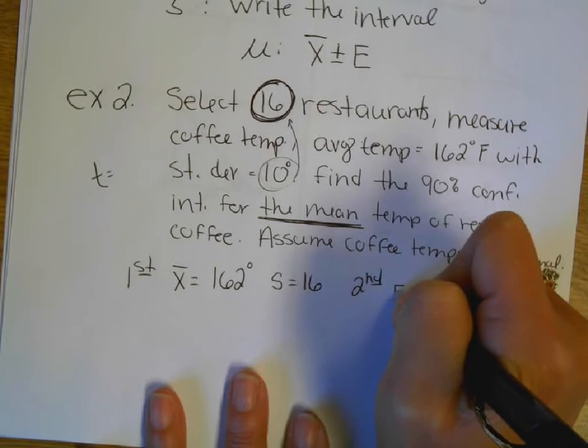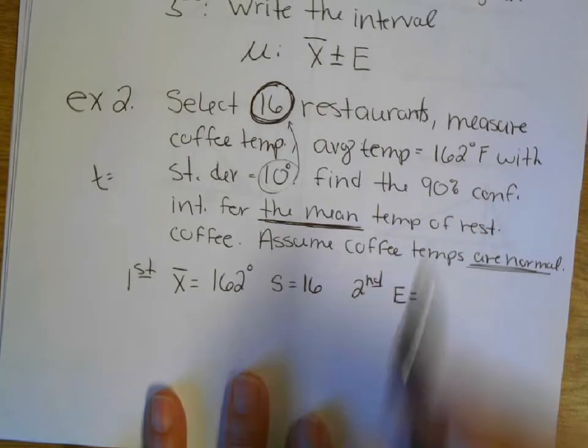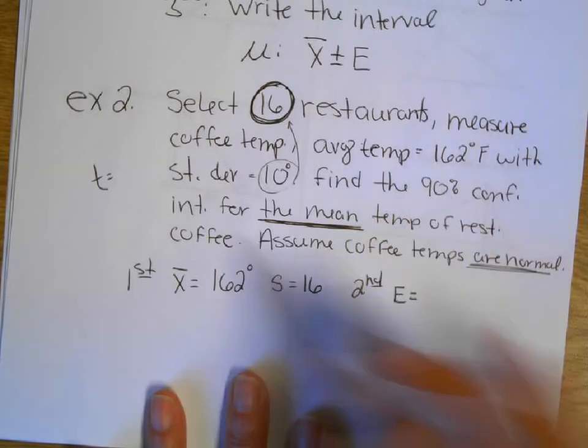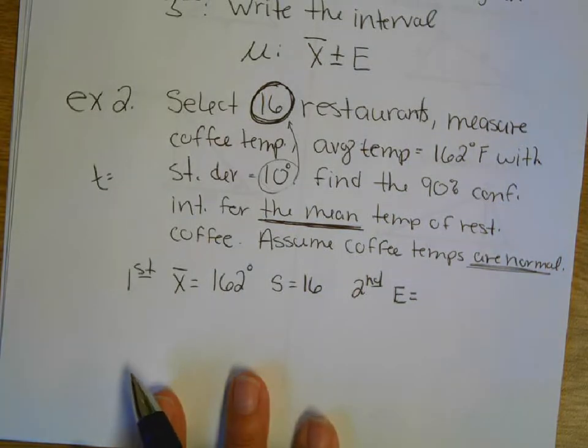Second step, calculate big E. The formula says I need the T value for this problem. 1.753. That is not what I have written down.